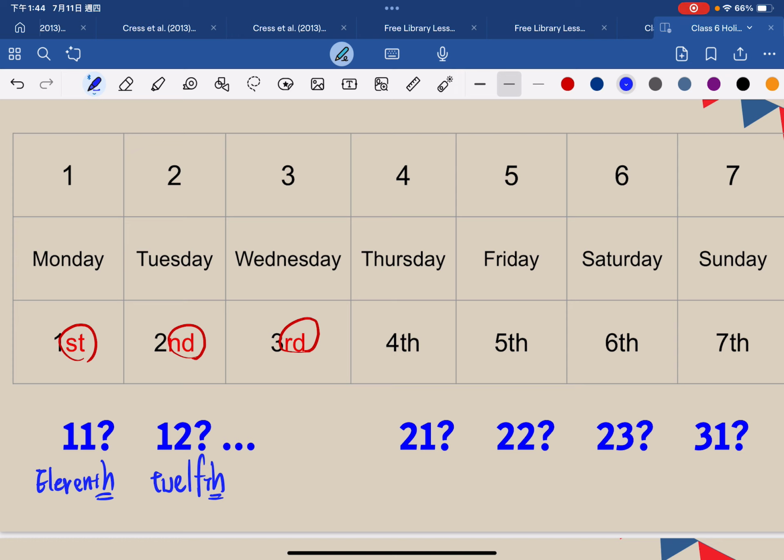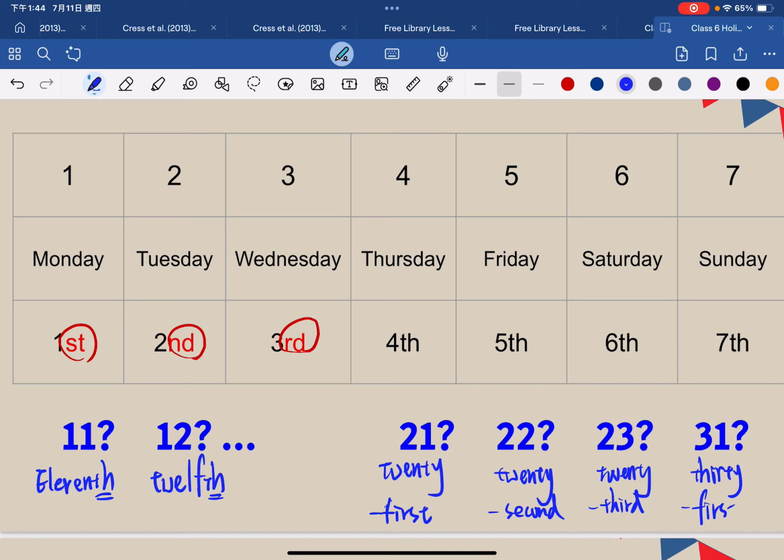So it's 21st, 22nd, and 23rd. What about 31? It's also 31st. Good. Now let's move on.